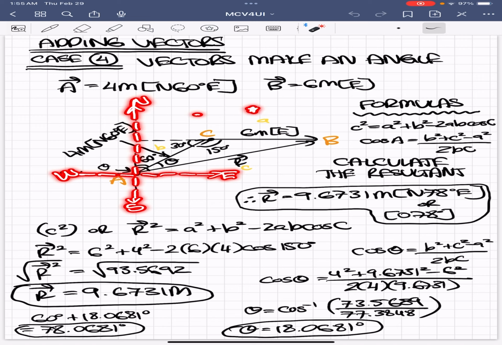And then from the compass, we're going to make a line that goes 4 meters, 60 degrees from the north line. So this line here is going to be 60 degrees. Does that make sense? Hopefully it does. So we've made that line right here.